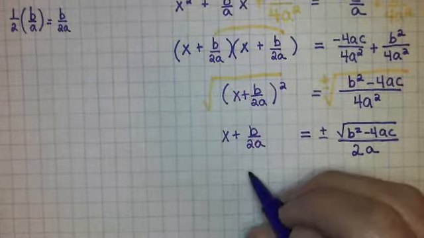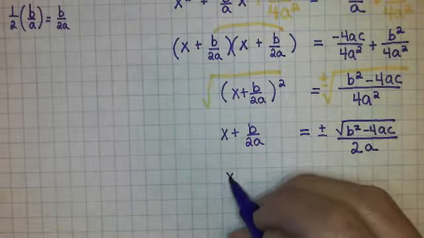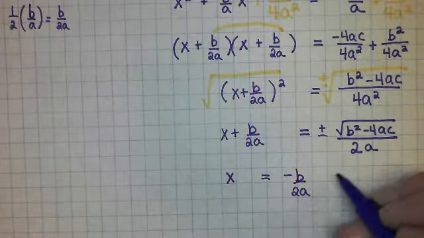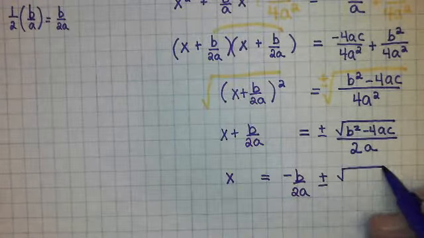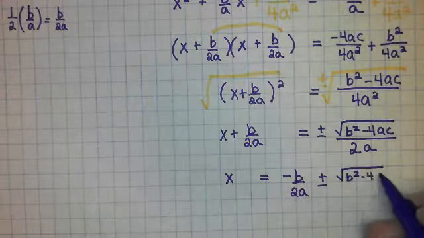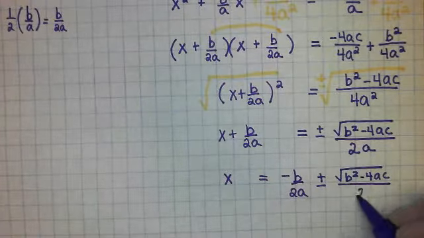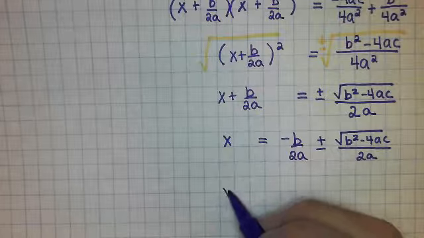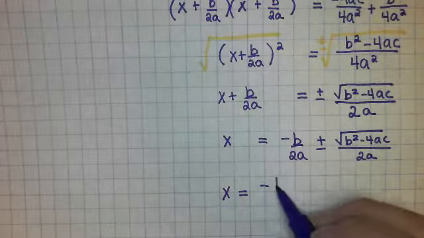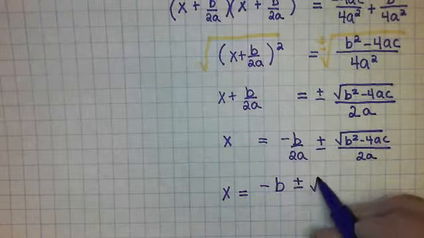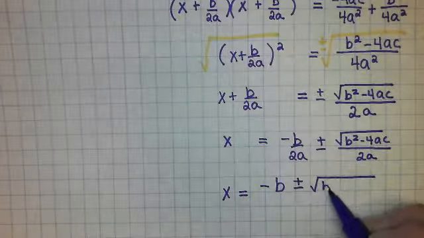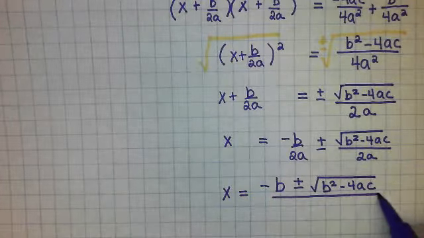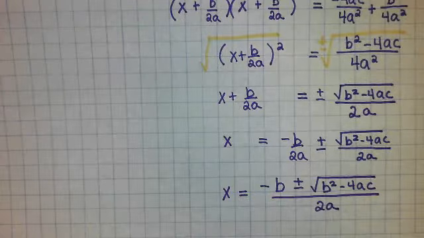Our final step is to solve for x. So we're going to subtract from both sides. We're going to subtract the b over 2a, plus or minus my quantity over here. And since we have a common denominator of 2a, we can write this as x equals the negative of b plus or minus the square root of b squared minus 4ac all over 2a, my common denominator.